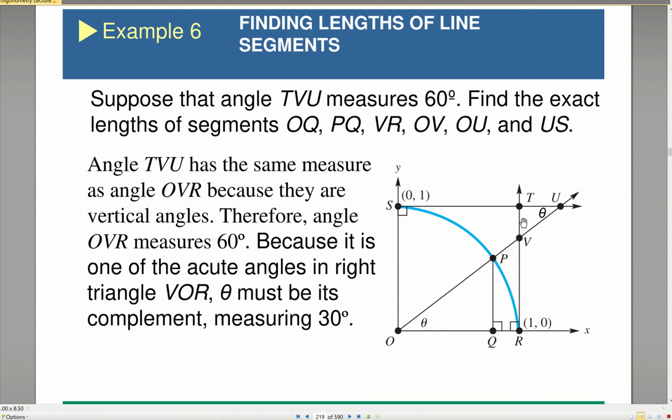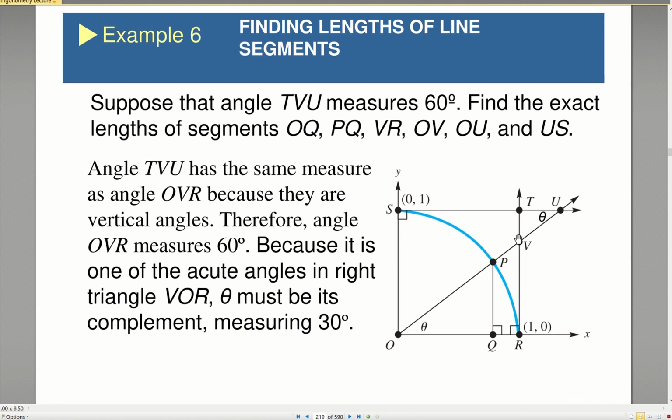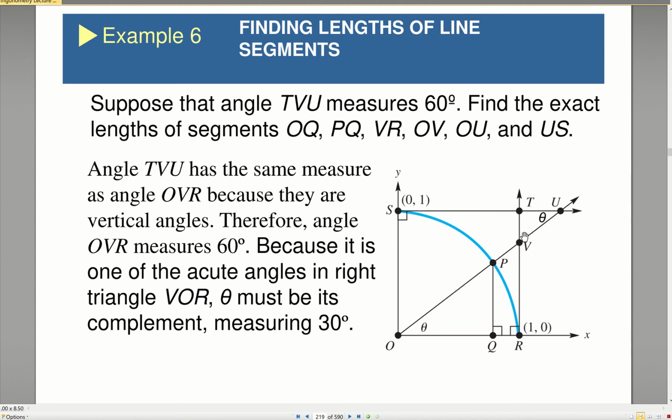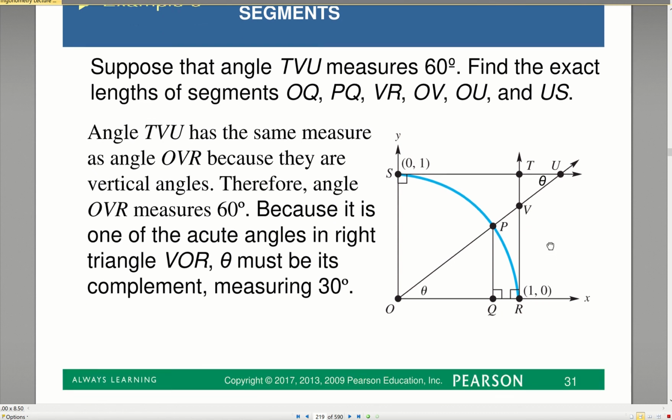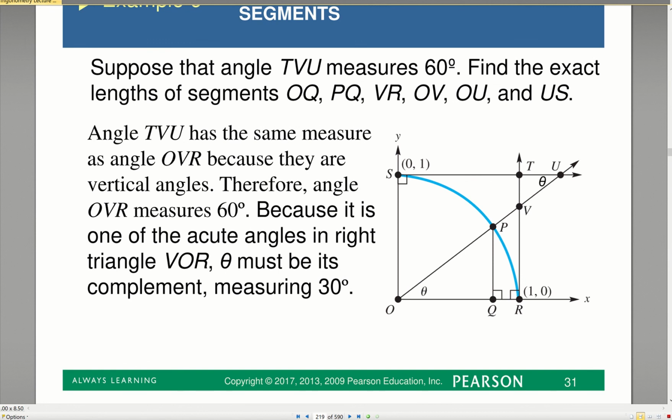These are called vertical angles. This angle and this angle, they're equal in measure. So if this is 60, that means this is also 60, right? Which makes theta how much? Exactly 30. So basically, you're doing this same problem that we just looked at with this being a 30-degree angle.